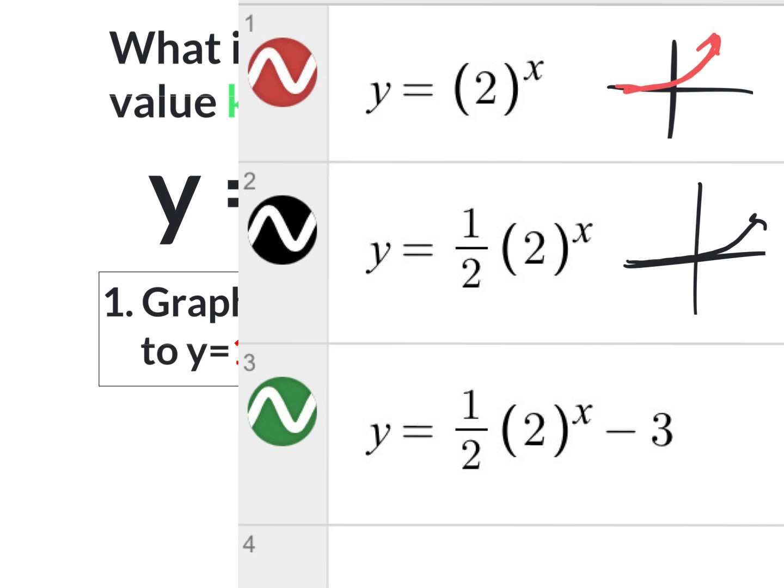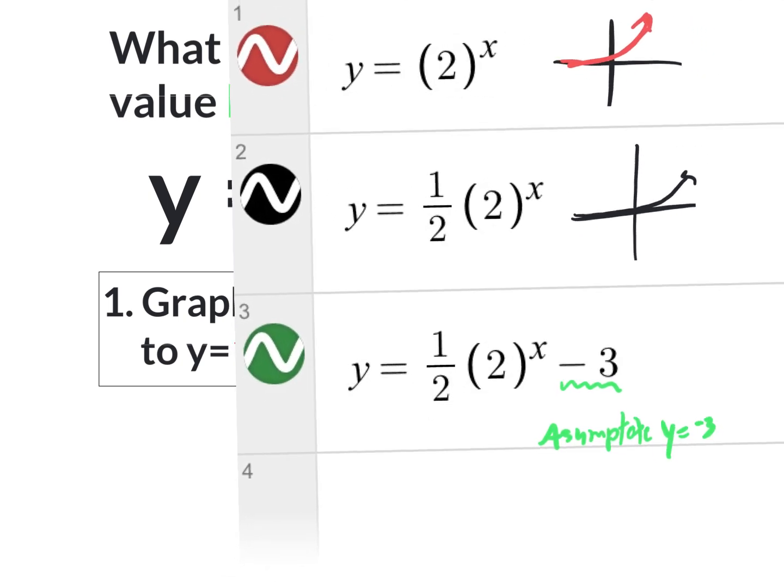Now, this next one has a k value of -3, and I hope we remember from before spring break that that k value ultimately gives you your asymptote. Your asymptote will be y equals that k value, -3. So just by knowing this stuff, if you look at a multiple choice question, you'll be able to identify the correct one.